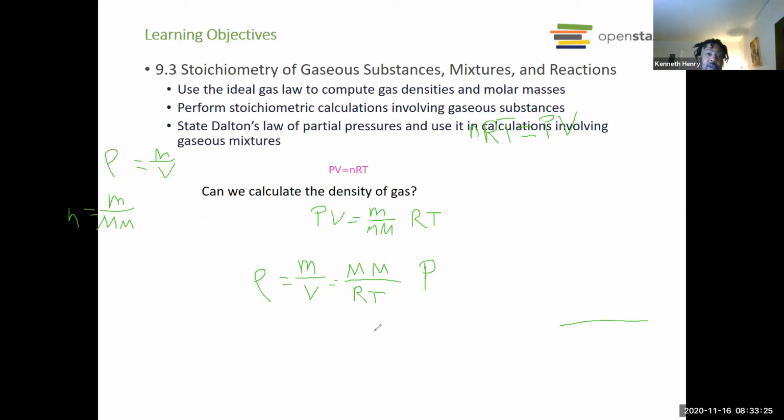So if I know the molar mass of the gas that I'm working with, which I should know if I know the chemical compound, all I need is to know the pressure and the temperature, and the ideal gas constant is always going to be the same. What is the ideal gas constant again? 0.08206.